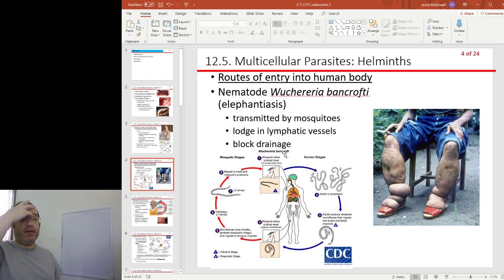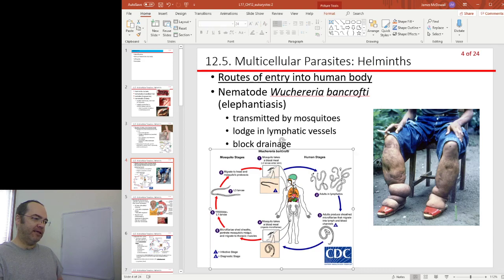On to slide 4, another very important mechanism of these parasites getting into bodies is through biting insects. So another nematode, Wuchereria bancrofti, causes this disease. It's known as elephantiasis, and it is transmitted by mosquitoes.